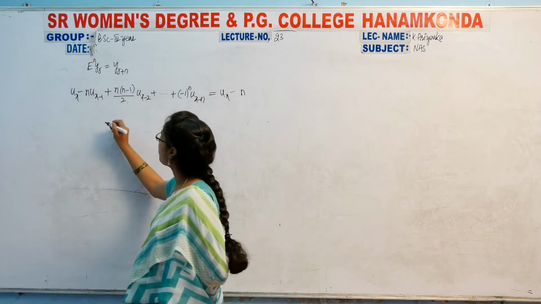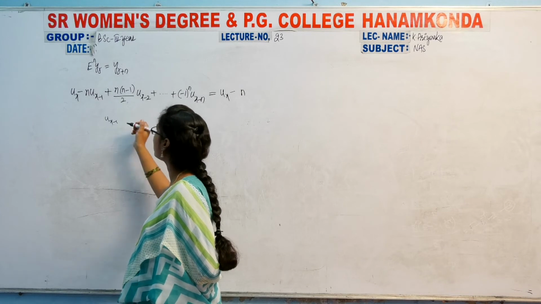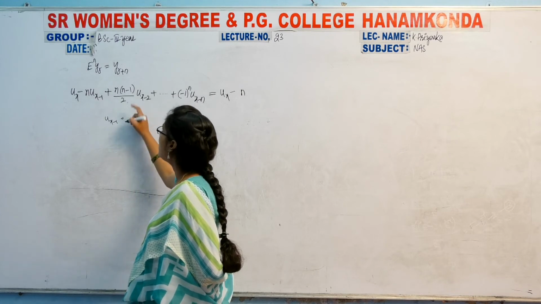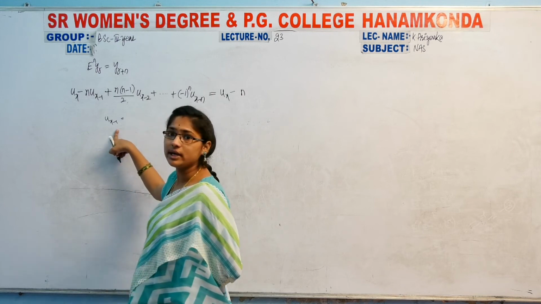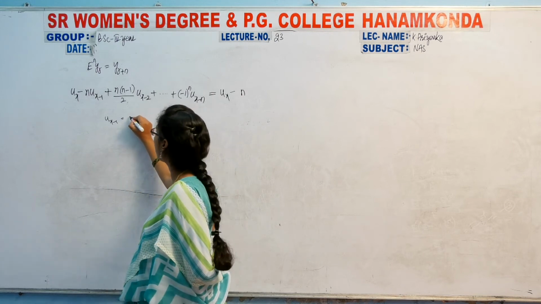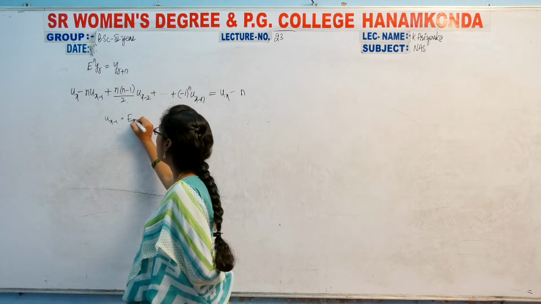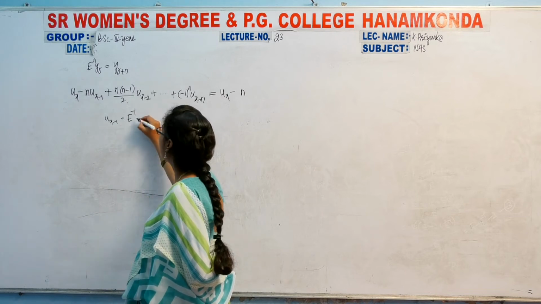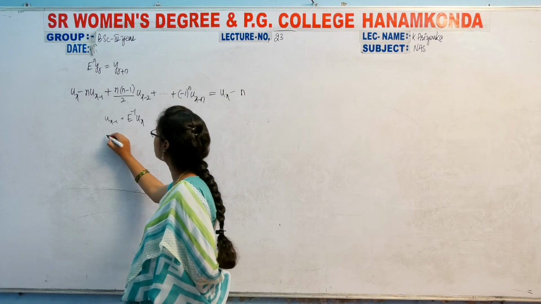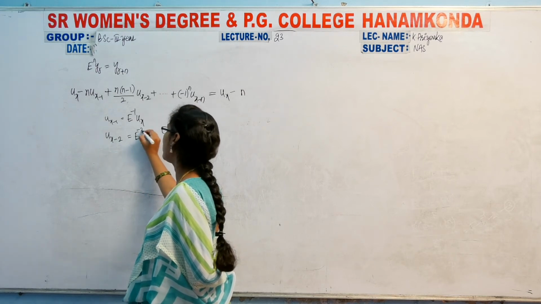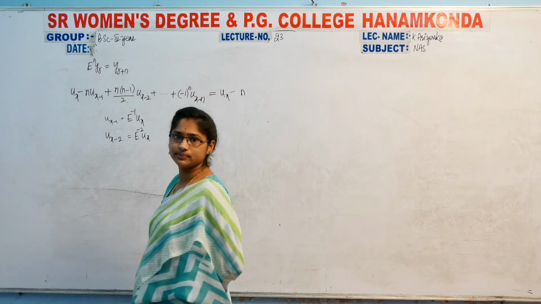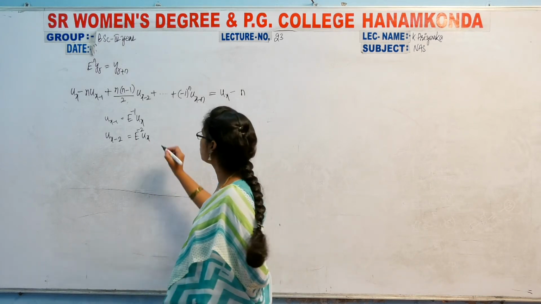Now u x minus 1 is in the form of y r plus n. So what is the n value? Minus 1. So can I write this value is equal to e power minus 1 u x. Similarly, u x minus 2 is equal to e power minus 2 u x. Then so on.